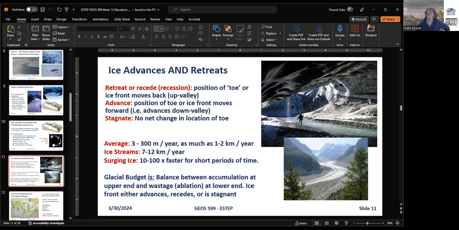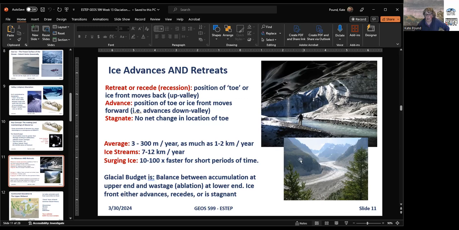Here we can see lots of rock material that's embedded in the ice, but then all this dark material up here is just rocks that have been frozen into the surface of the ice. And here's someone standing on a gravelly bar that represents sediment that likely has been carried by this subglacial stream.